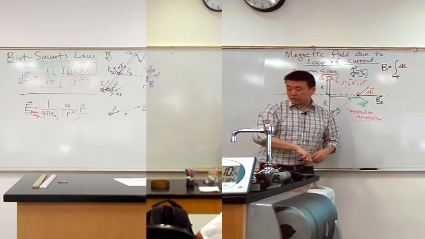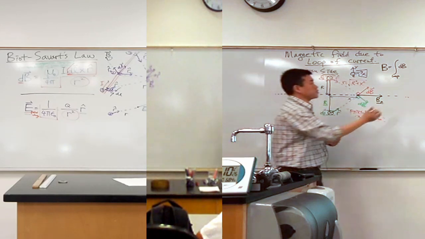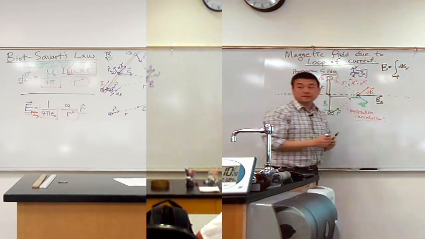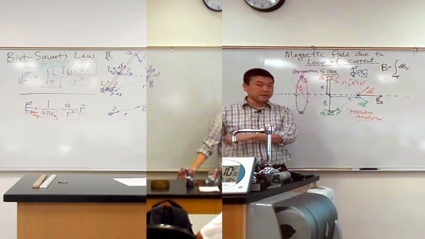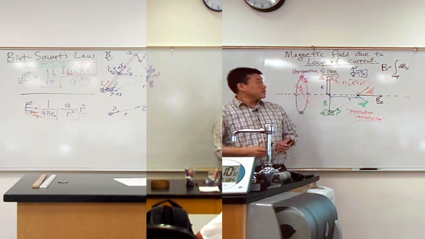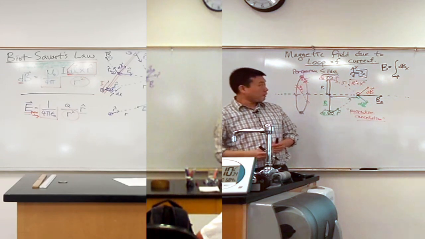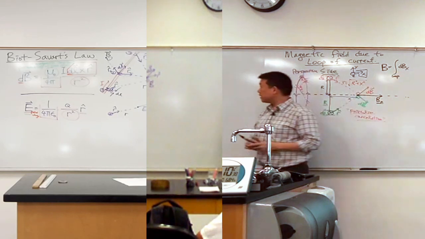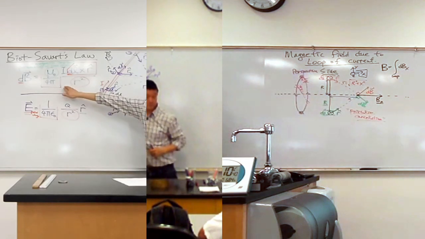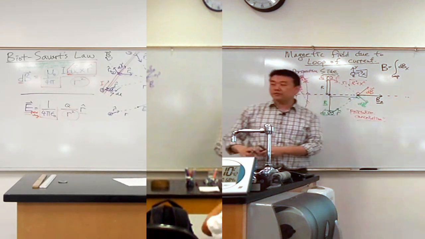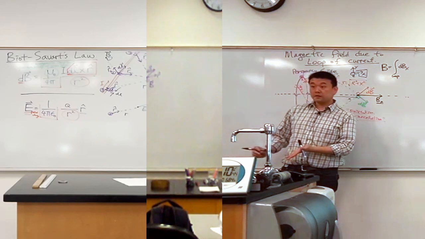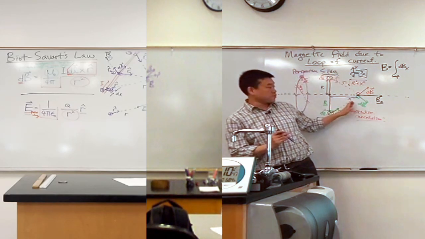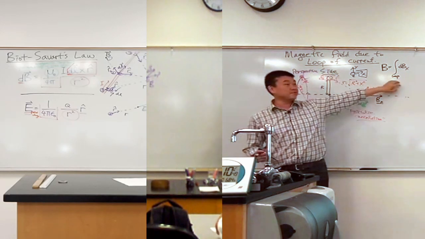And I'm only going to add up the contribution to the X component, because the Y and Z components are going to cancel out. So, all right, I have a law that tells me what this is. That's the Biot-Savart Law. So this is, once again, another reason magnetism is complicated. The very basic application of Biot-Savart Law involves an integral.